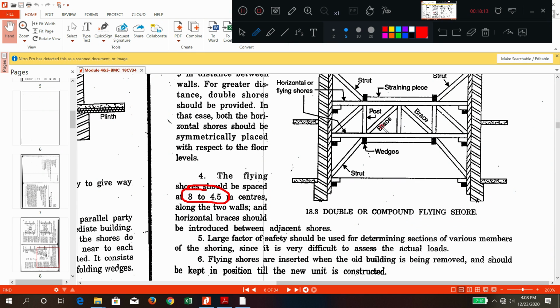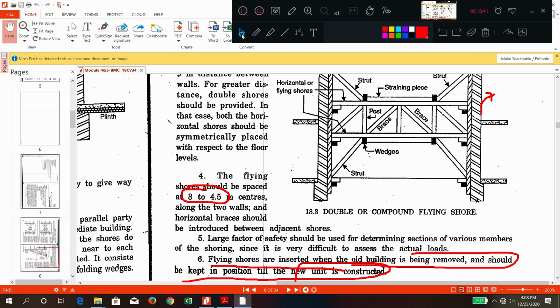This is one set, and on the other side there will be another of the same type. Generally these flying shores are inserted when the old building in the center is being removed, and kept in position till the new building comes up. That is called horizontal shoring.